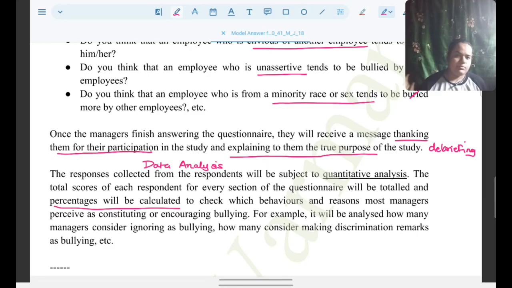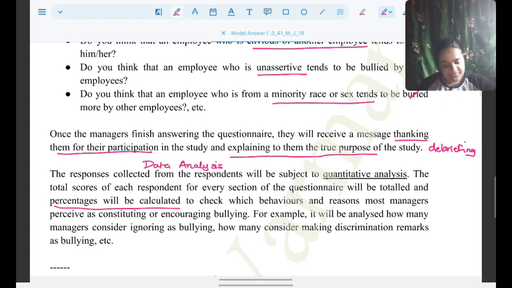So point by point or question by question, I would like a comparison of managers for every reason or for every behavior that accounts for bullying, because the study is about managers' perception. So I would like to know any particular behavior, any particular reason for a behavior, how many managers perceive it as accounting for bullying and how many do not. So that's how I'm trying to meet the aim of the study.